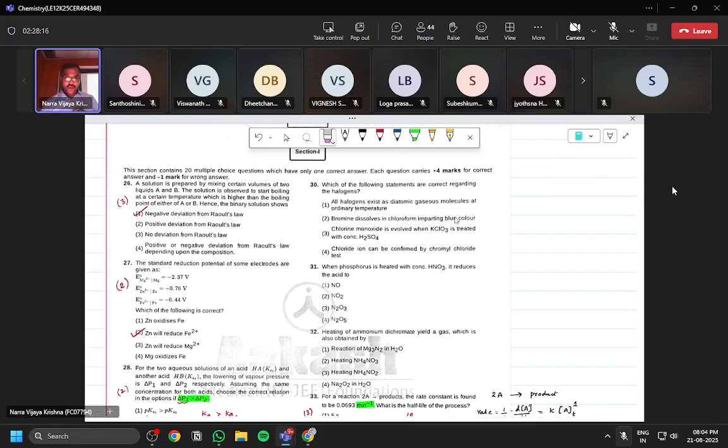Let me show that chromyl chloride test one more time. Just a moment. Qualitative analysis. Not there. PS batch, it will be there, I think so. Yes. It is not opening.